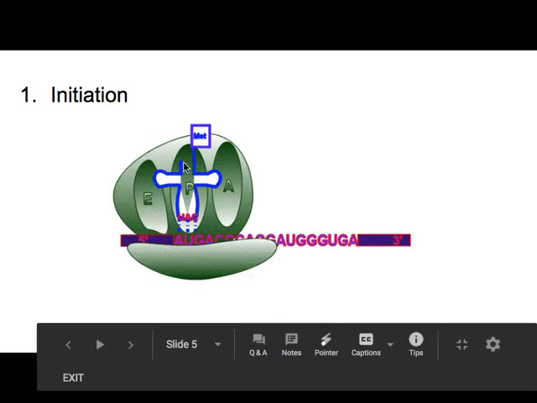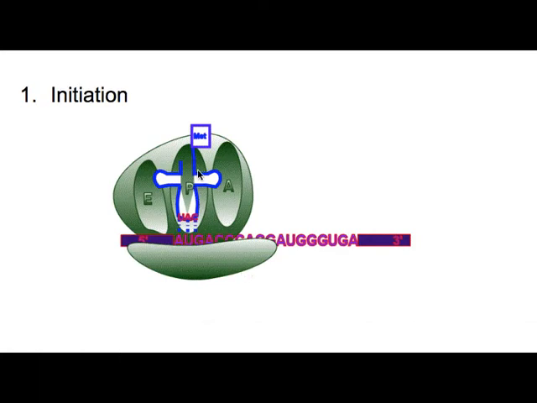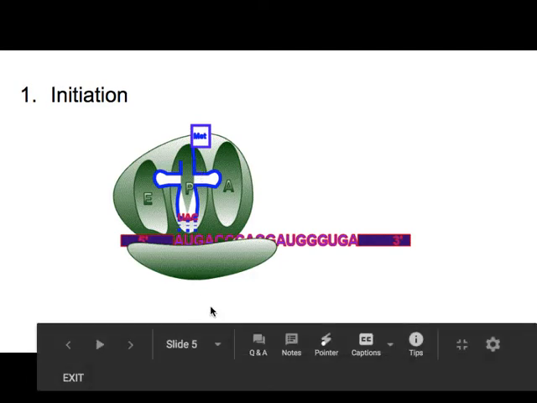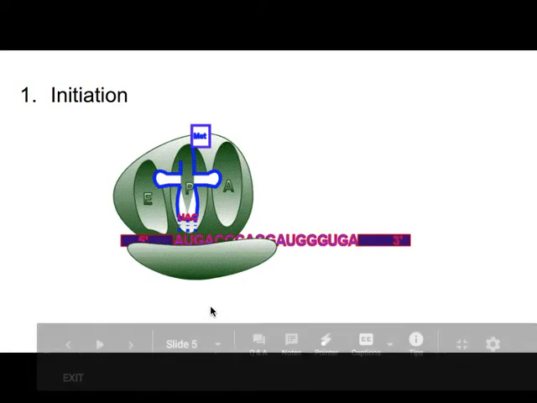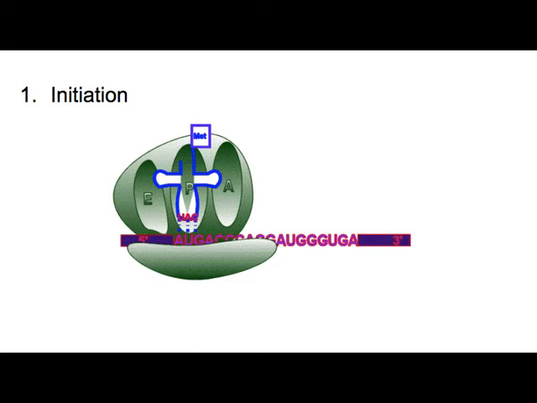Very important to remember, the first tRNA will go to the P site. The P site. Okay? The next tRNA will go to which place? A. So the next tRNA will go to the A site. And then after that, it moves along to the next codon. This goes to the E. The A goes to the P goes to the E, just like in the animation.